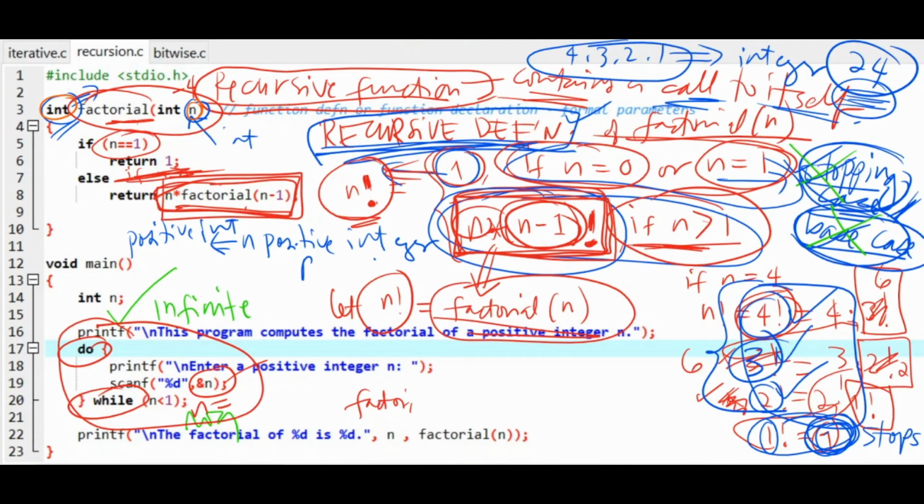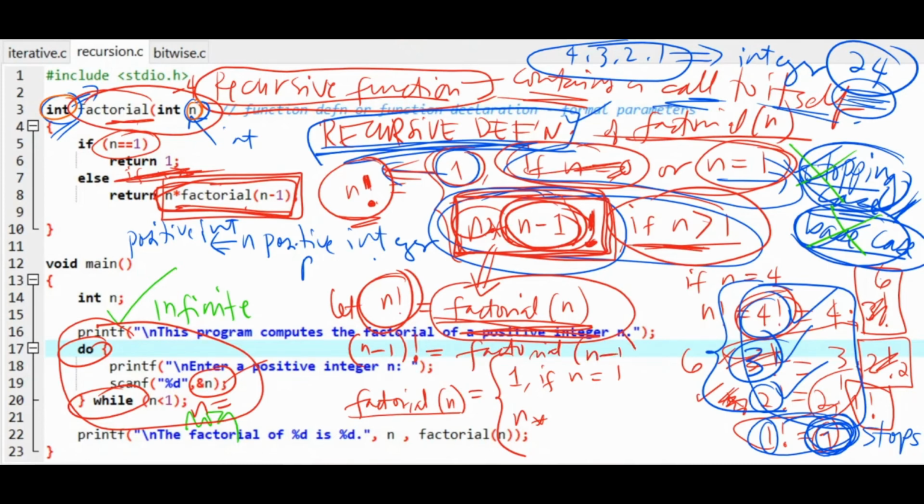We would say factorial of n is equal to, or the factorial of n function call would return 1 if n is equal to 1, we can remove that 0, and this one would return n times, if n factorial is represented by that function call, then n minus 1 factorial is represented by the function call factorial n minus 1, right?